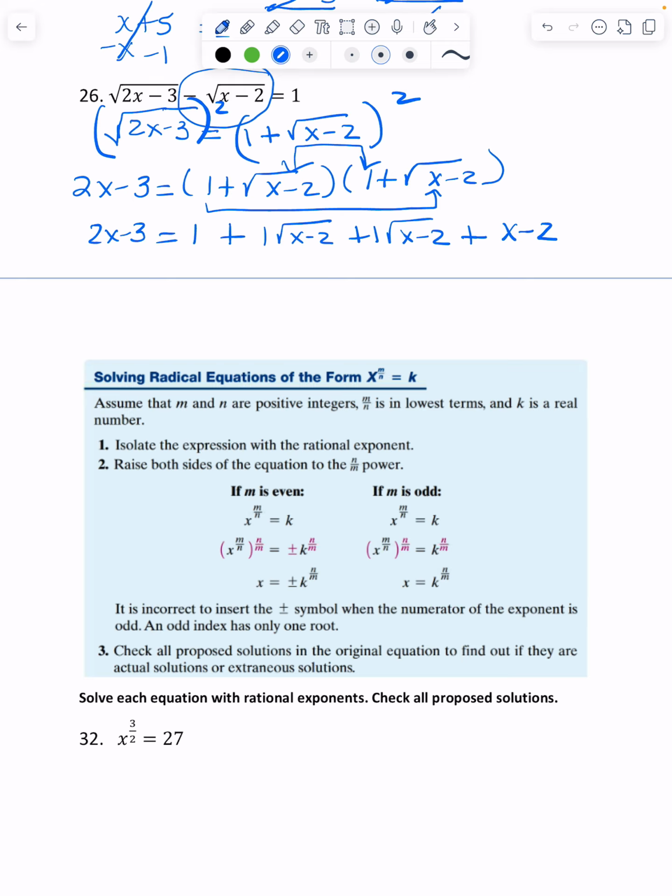So let's clean it up a little bit. These are like terms, so I'm going to add the numbers in front. 1 plus 1 is 2. A negative 2 added together with a positive 1 gives me negative 1.